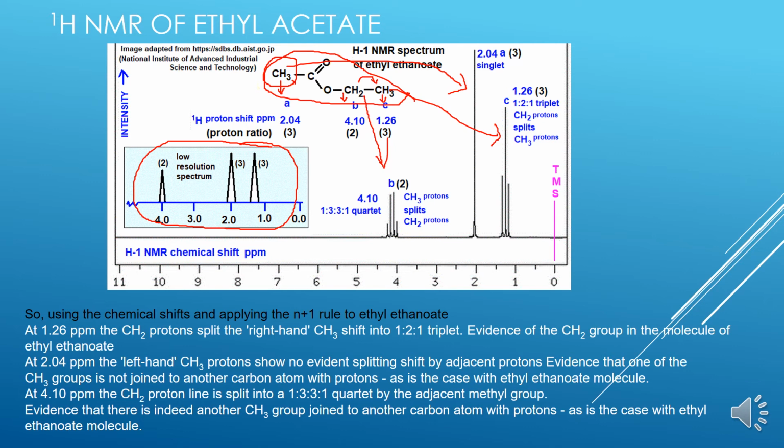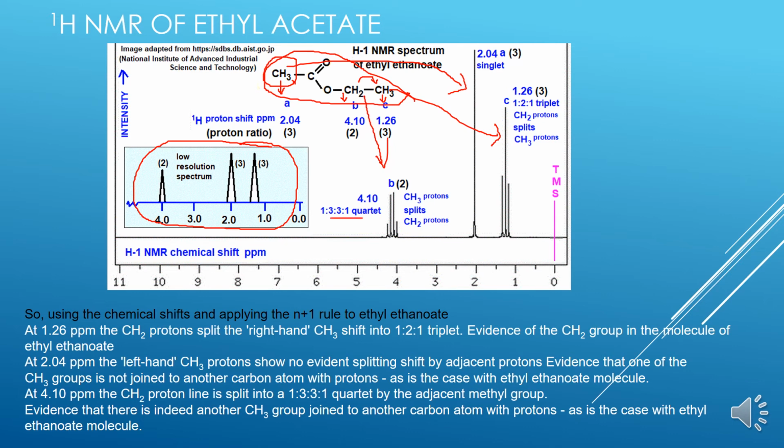As far as the peak intensity is concerned, through Pascal's triangle one could identify the intensity pattern of a particular splitting. The methyl protons split into 1 to 3 to 3 to 1 in their intensity ratios.